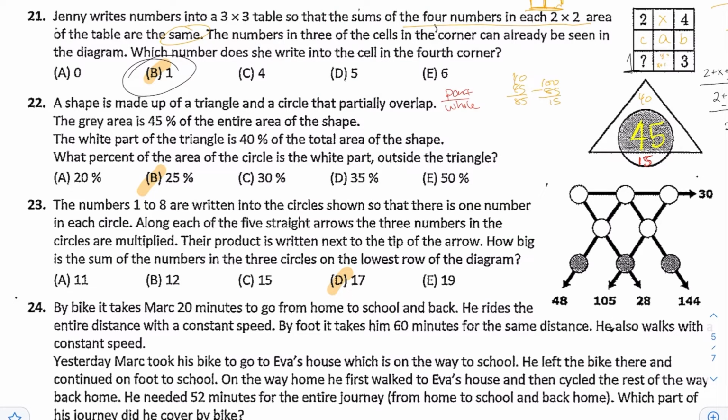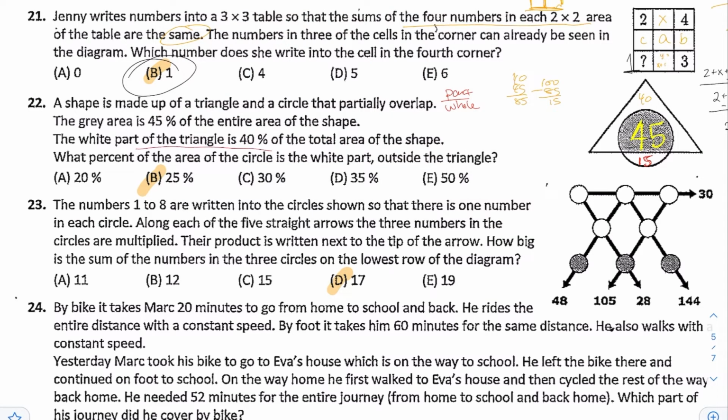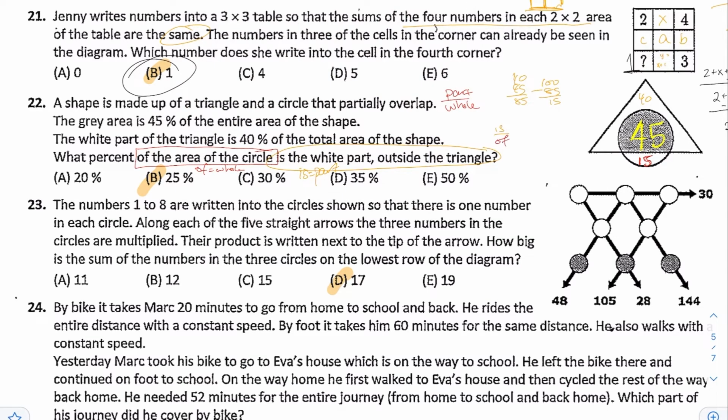Now what you want to find is the percent of the area of the circle, and of represents the whole. That is the white part outside the triangle. So is represents the part. So this is an is over of question. This is part over whole.